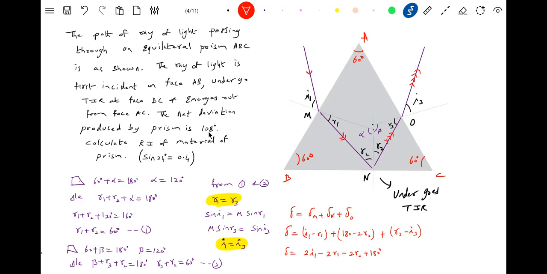Since R1 equal to R3, minus R1 plus R3 will cancel out, leaving 2I1 minus 2R2 plus 180. We know what other information is needed to get the material of the prism.